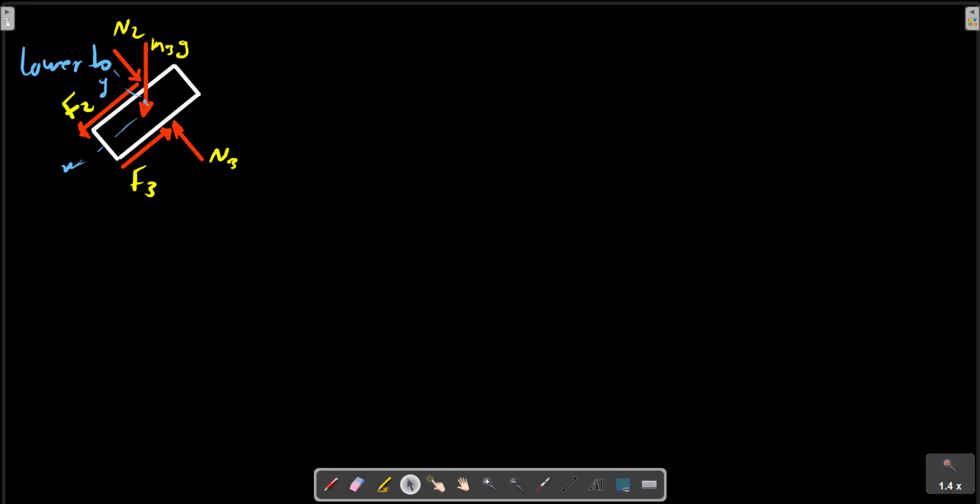The free body diagram shows N2 calculated before, and N3.